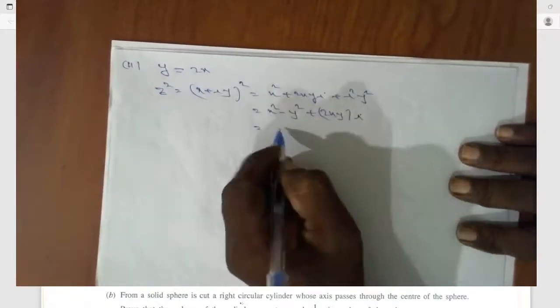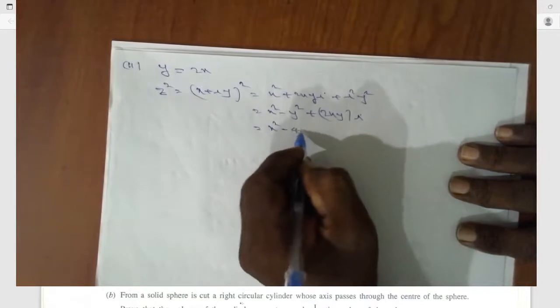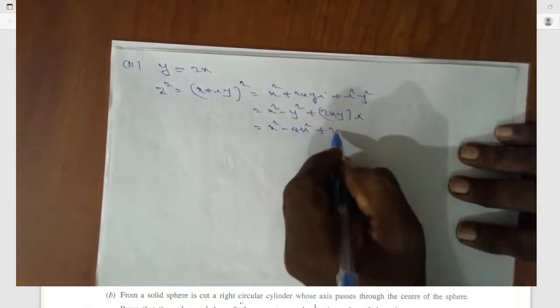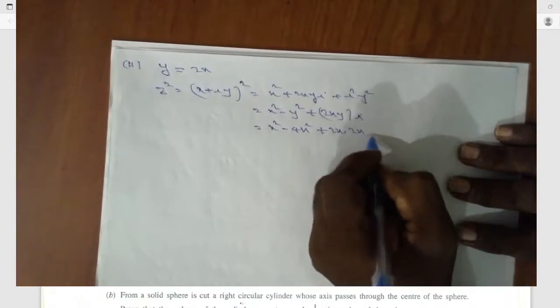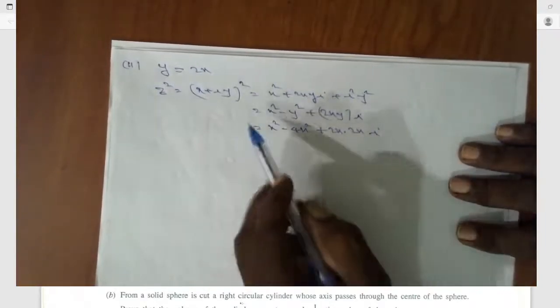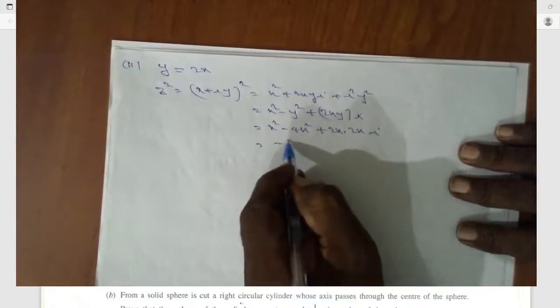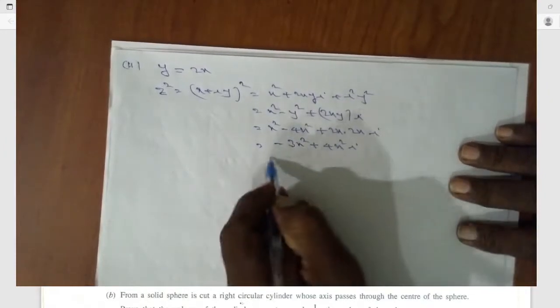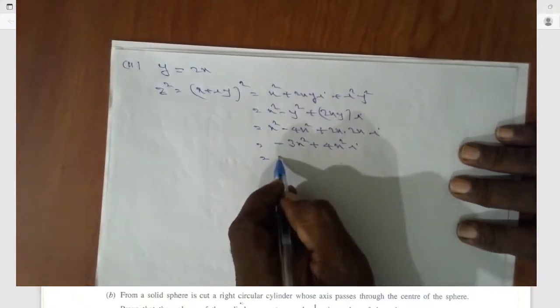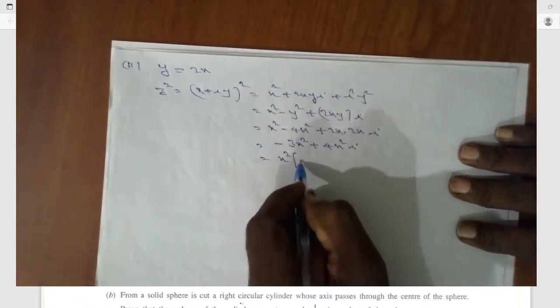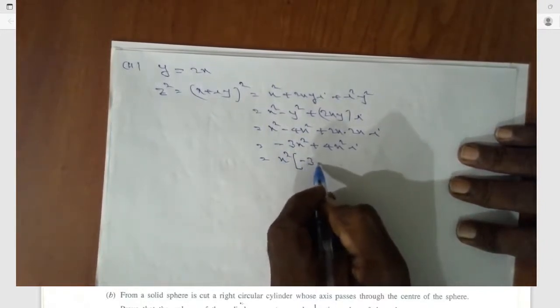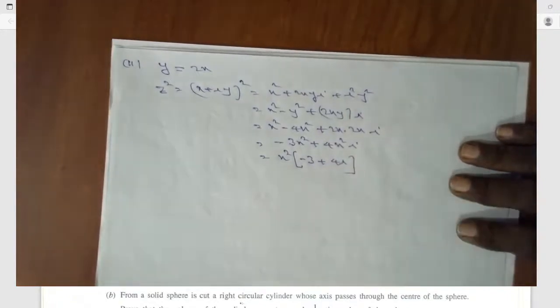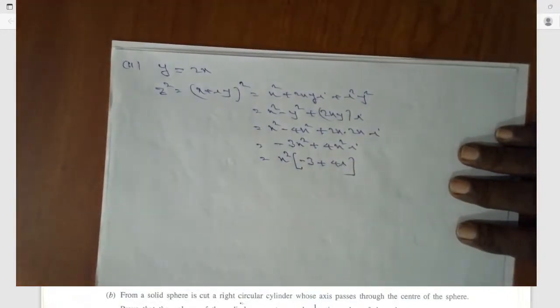Substituting y equals 2x, we get x squared minus 4x squared plus 4x squared i. Taking x squared out, this equals x squared times (minus 3 plus 4i).